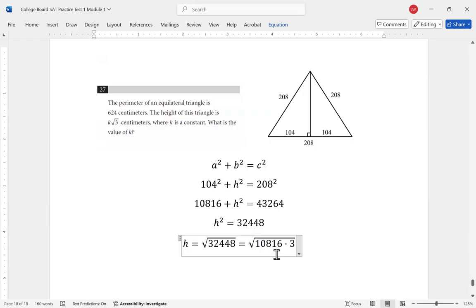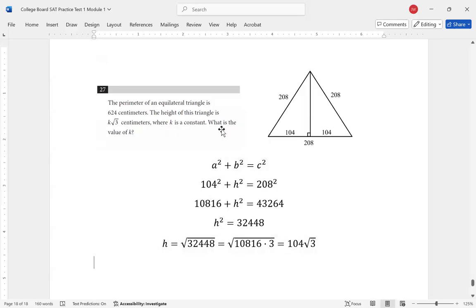Well, 10,816 is a nice perfect square that I can take the square root of. So if I take the square root of 10,816, that's 104. I actually already knew that from up here. So it's 104 times the square root of 3. So the height is 104 times the square root of 3.